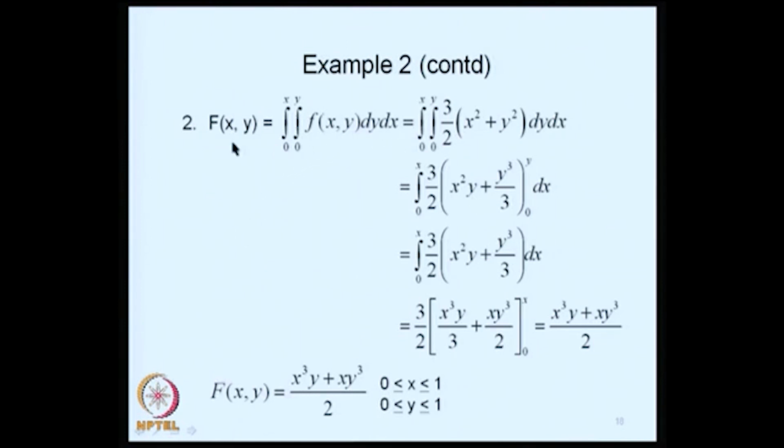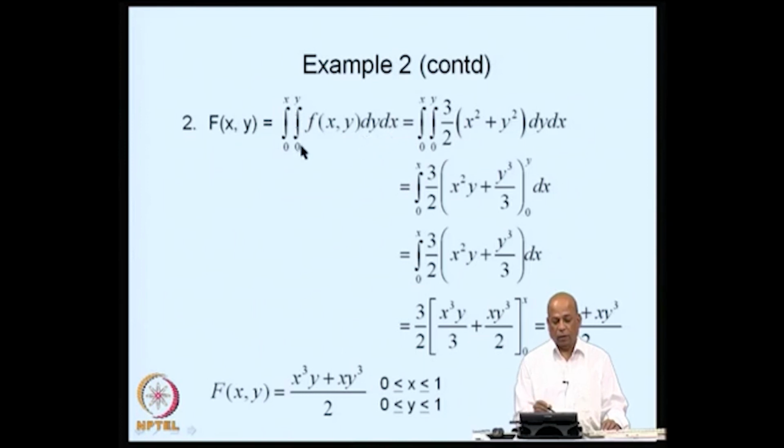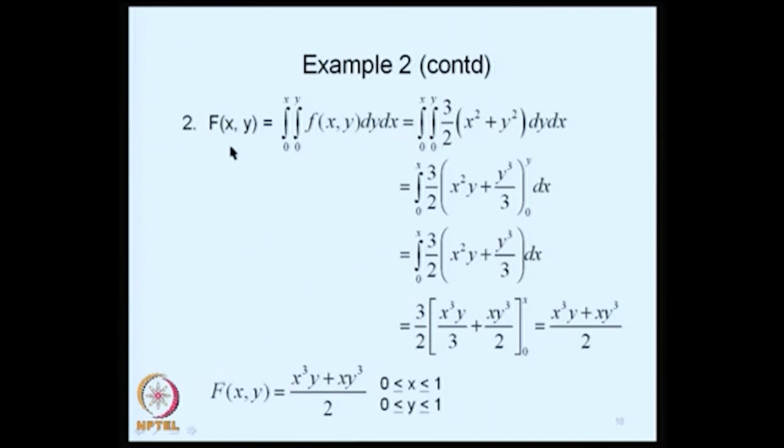F(x, y) is the integral of the PDF with respect to y and x. The limits of integration are 0 to y for the variable y and 0 to x for the variable x. Again, this is a very straightforward integration where you substitute these values and get the joint CDF F(x, y) as (x³y + xy³)/2.